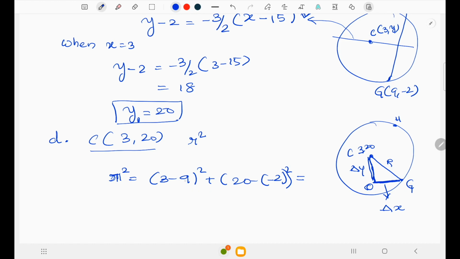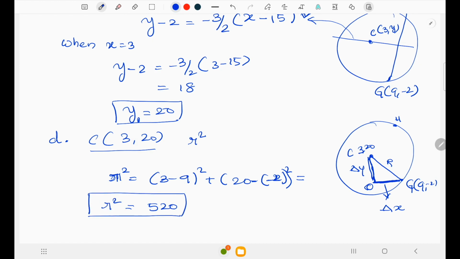G here is 9 comma minus 2. So x minus x1 whole square plus y. What is y? C is 3 comma 20, so y is 20. 20 minus, here what is the y? Minus 2, so minus minus 2, whole square, which equals, if we calculate this one, r square equals 520.